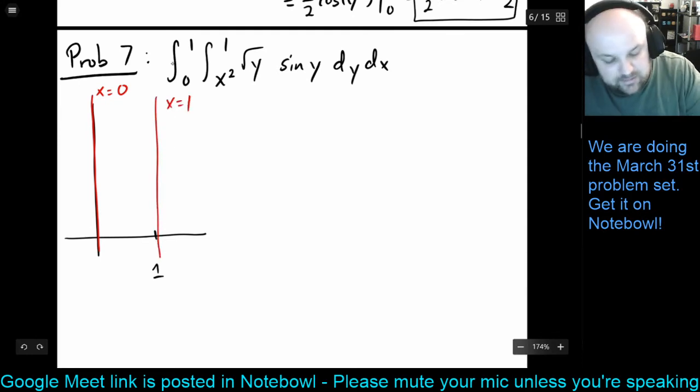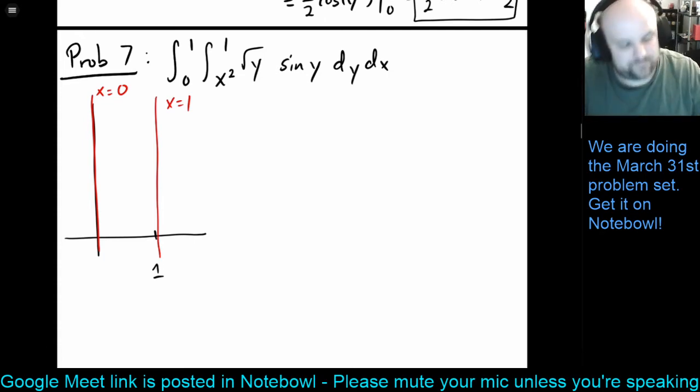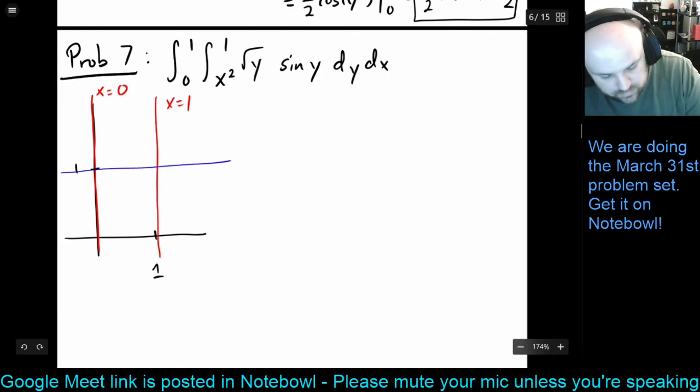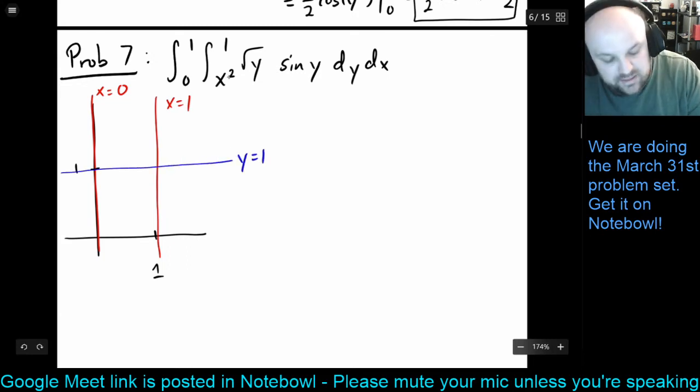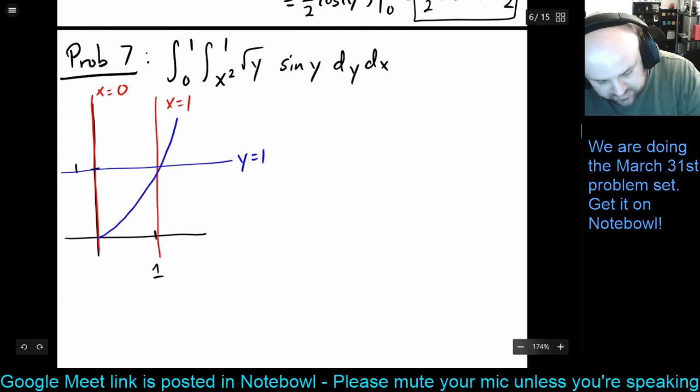I like starting with the outside integral because it's going to give us the biggest restriction, and then we just sort of chop our way down. Right? Here we have y equals 1 on top. So if this is 1 right here, there's y equals 1. The bottom is y equals x squared, which is this function.